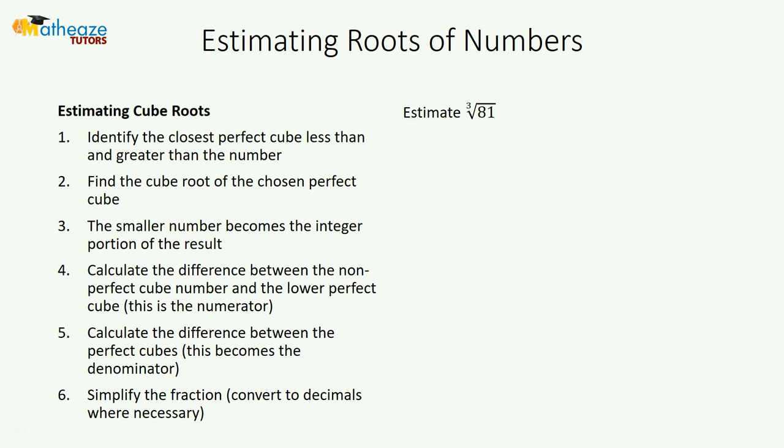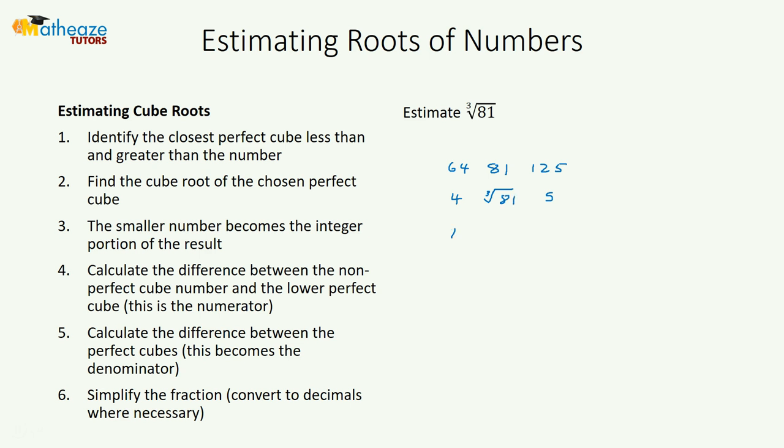Let's also look at the cube root of 81. So we have 81. The lower cube root is going to be 64, and the greater cube root is going to be 125. So the cube root of 64 is 4, the cube root of 125 is 5, and then we have this right here.